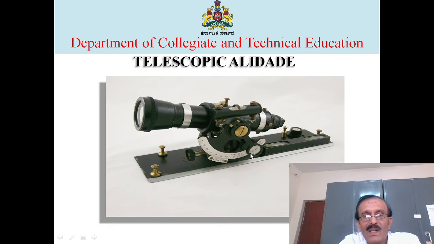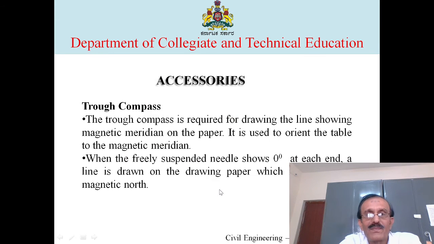On the other side you have the graduated arc to measure the inclination. Whenever you want to sight an inclined object, you can just record the inclination. On the other side you have the tubular spirit level which will be used to level the instrument.